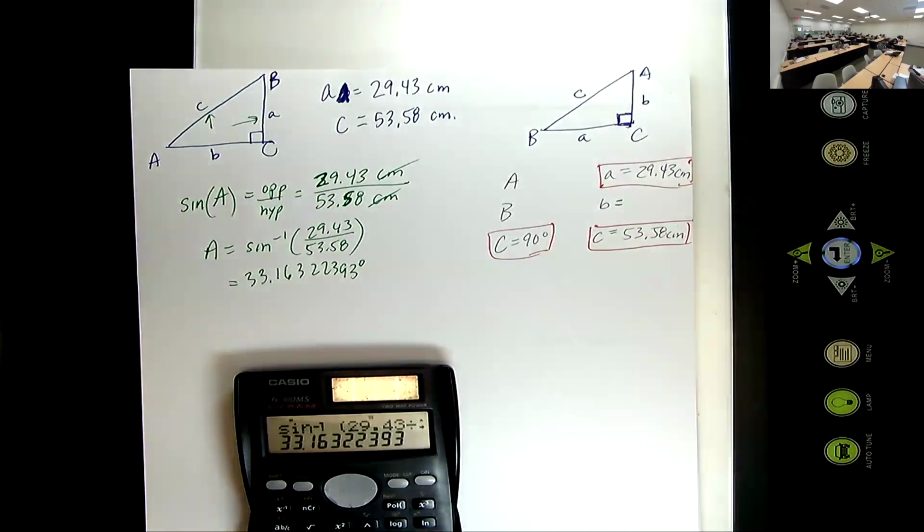What should I give as my answer for A? 33.2. 33.16, right? I hear 33.2 and 33.16. You're changing your answer? I really like 33.2, that's less writing.